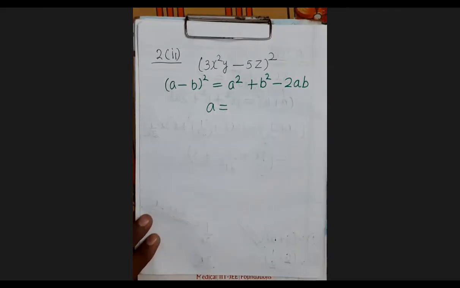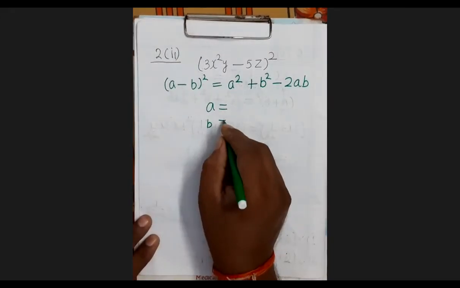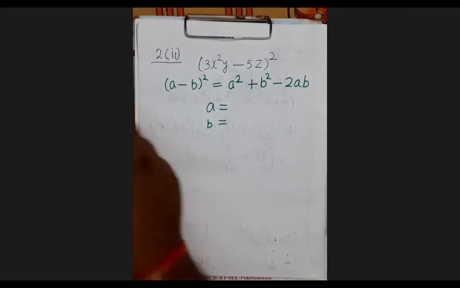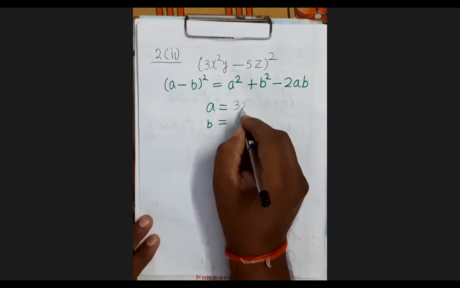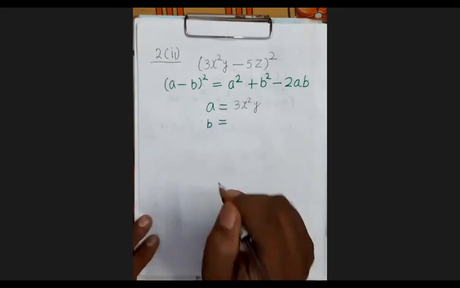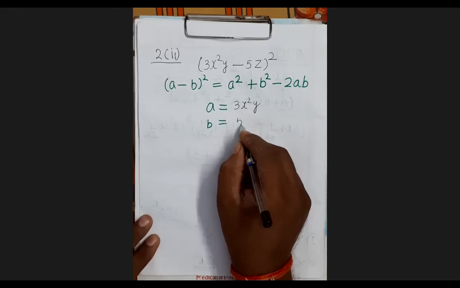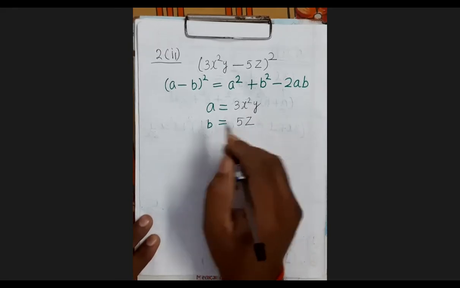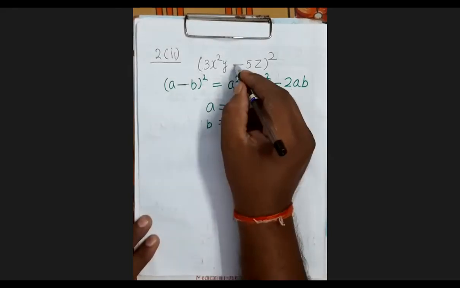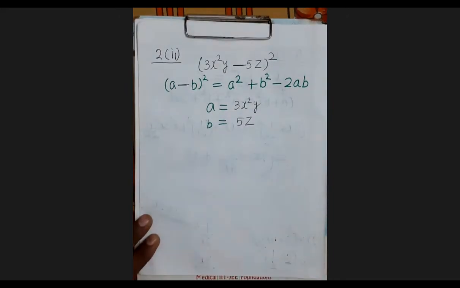What is in place of A here? 3x square y. What is in place of B? 5z. Why? Because in place of minus there is minus. Therefore, in place of B it is 5z.